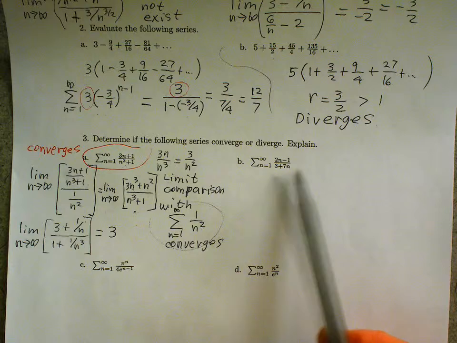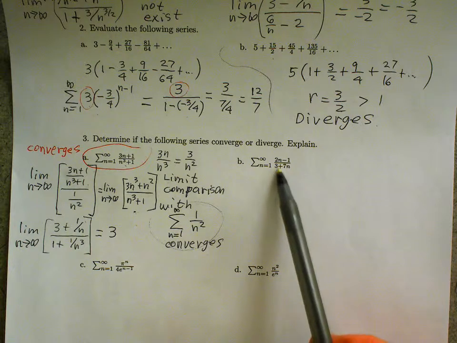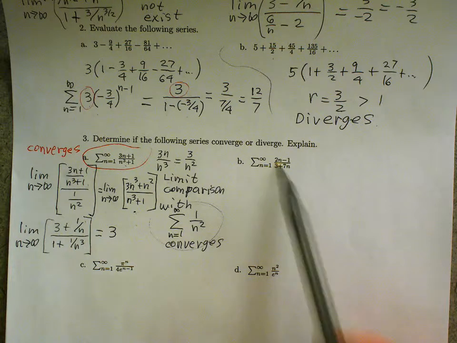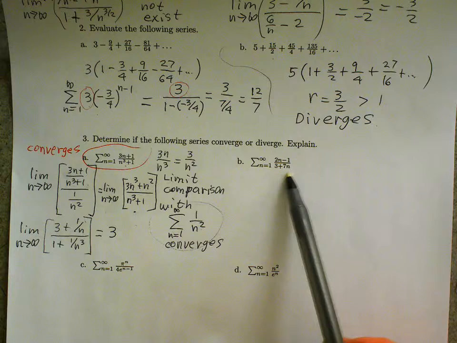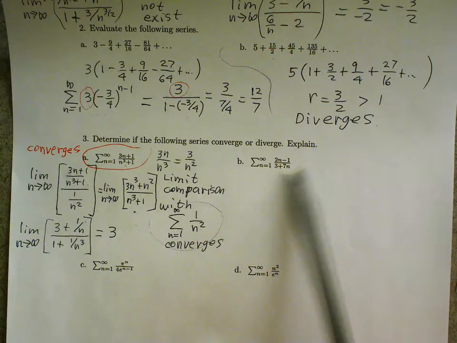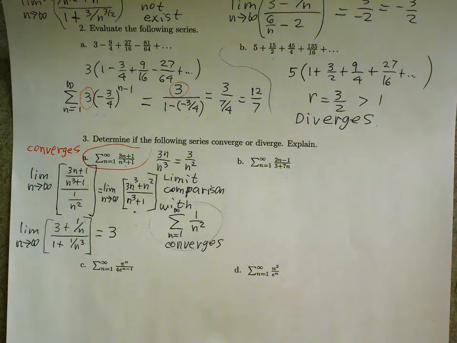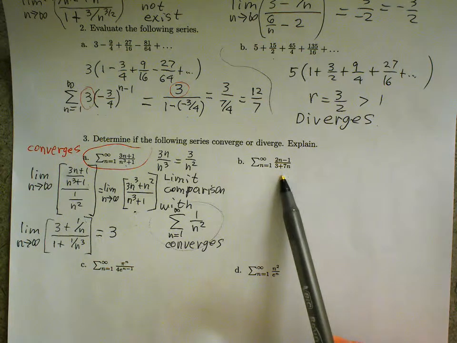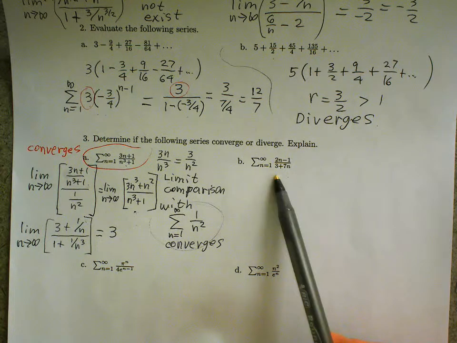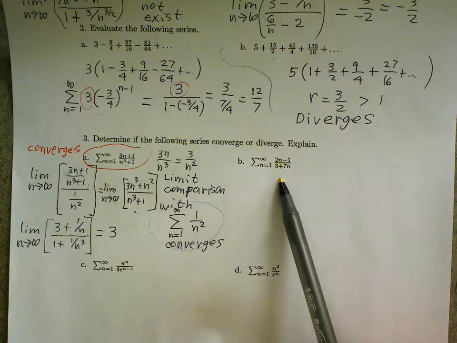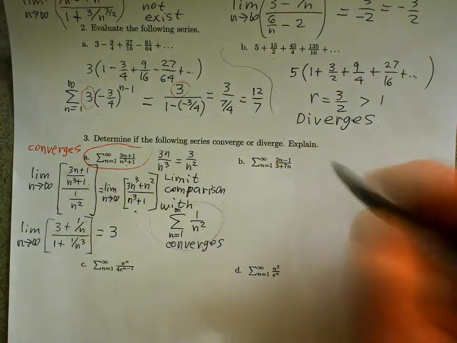Well, the numerator has 2n and the denominator has 7n. If I just take the limit of the terms 2n minus 1 over 3 plus 7n, I get a non-zero limit. So the test for divergence says the series is divergent. Right?